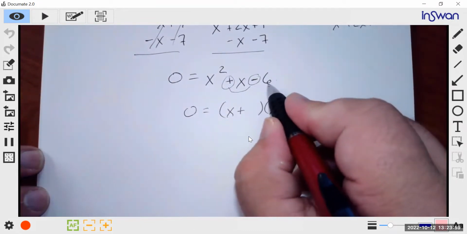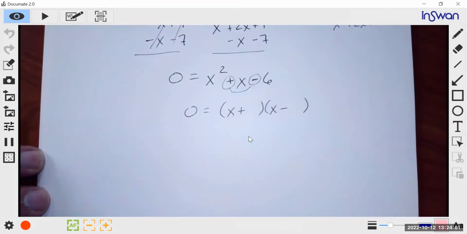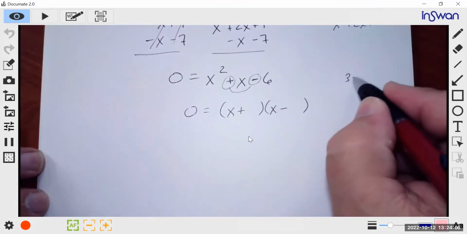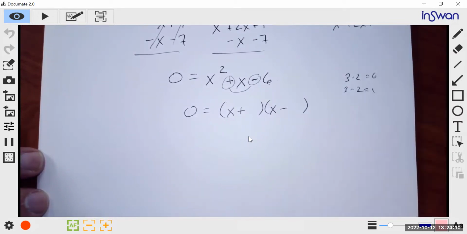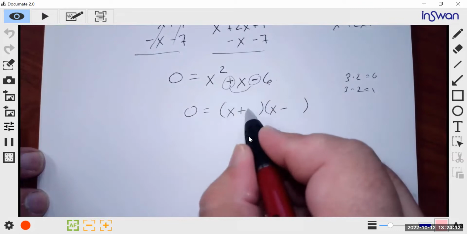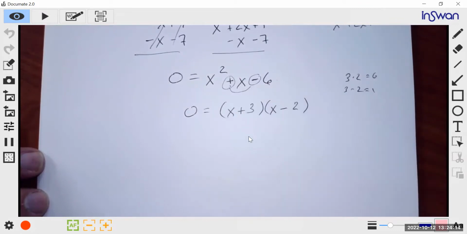So what times what is 3? When you subtract them, you get 1. Yeah, 3 times 2, 3 minus 2. So the bigger number gets the plus, the smaller number gets the minus.